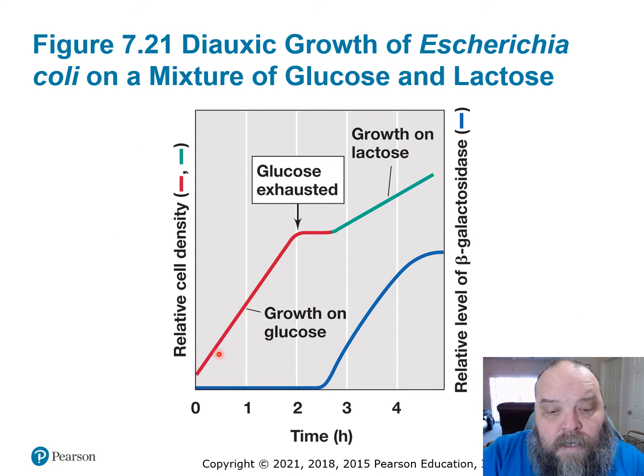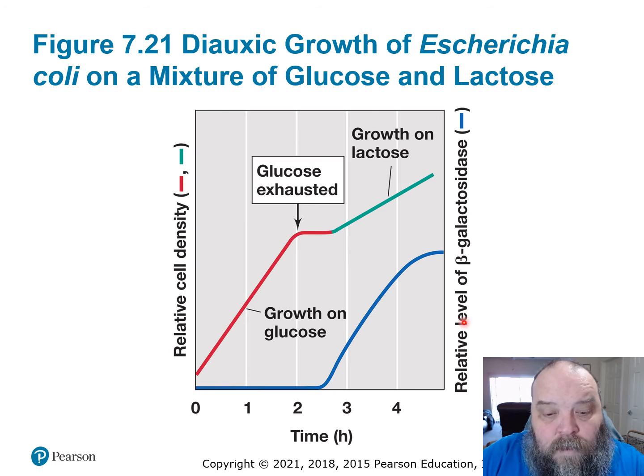So you see this nice sharp growth on glucose, and then this lag as all the glucose is used up. This plateau is as new genes are being expressed, and it takes time. It's not going to happen in just minutes. It's going to take some time. And then you see another takeoff due to the usage of the available lactose.